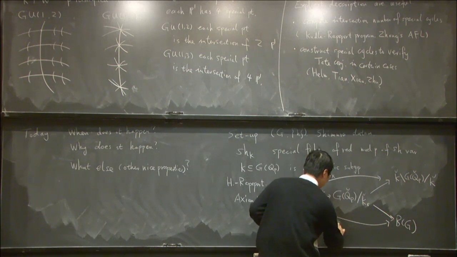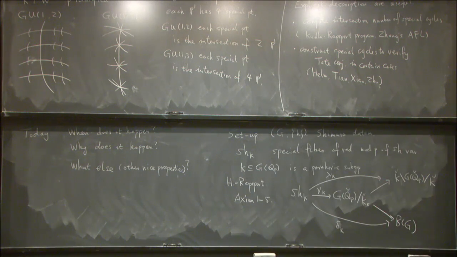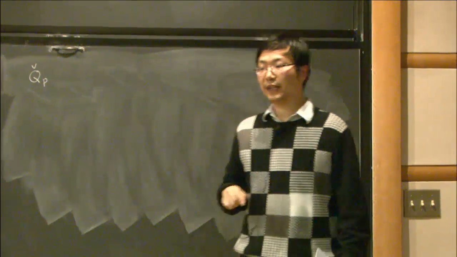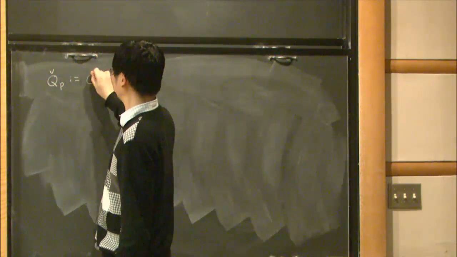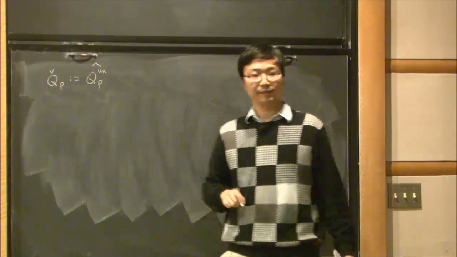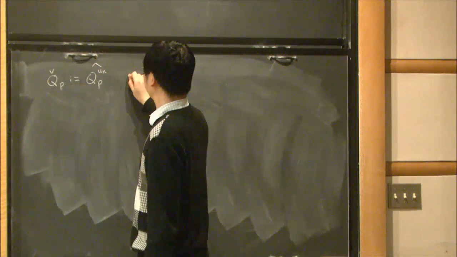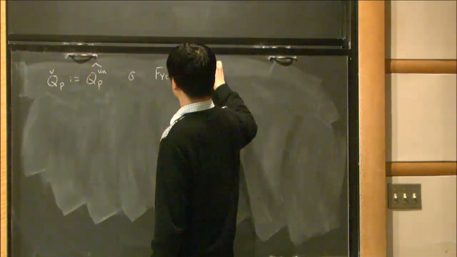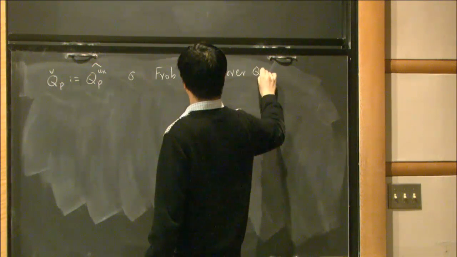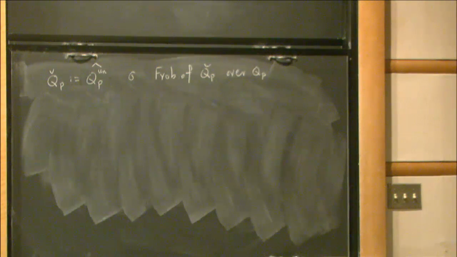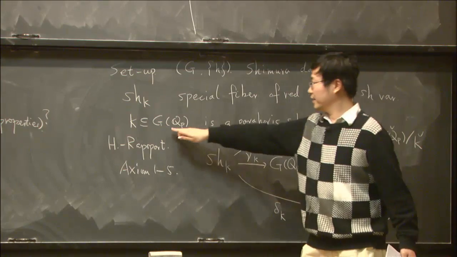So λ_K and δ_K. OK, so here first, we start with the p-adic field, but then we consider the maximal unramified extension, and then we do the completion. So we have this σ, this is the Frobenius. And so here we have the parahoric subgroup inside here.